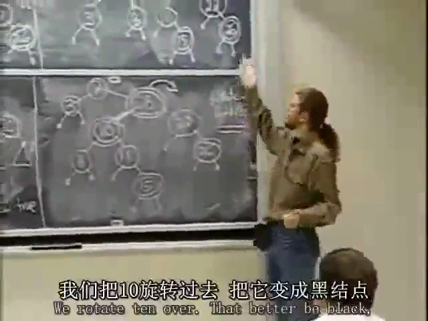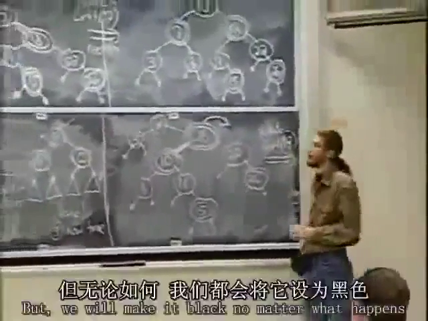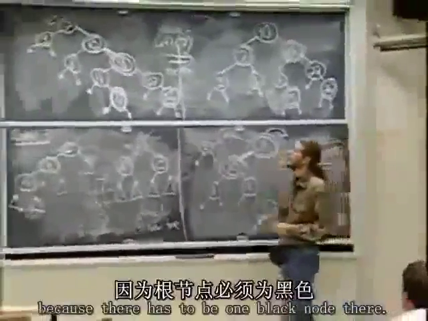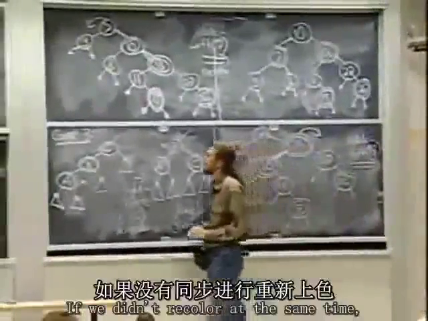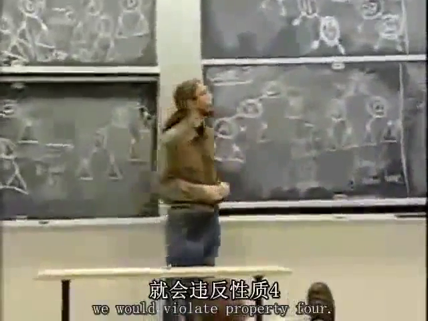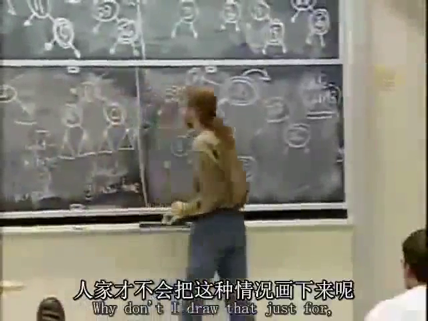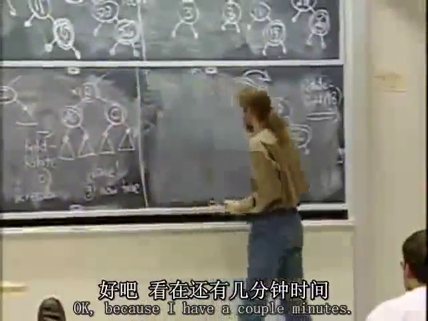We rotate 10 over. That better be black, because in this case it's becoming the root, but we'll make it black no matter what happens, because there has to be one black node there. If we didn't recolor at the same time, we would violate property 4. Why don't I draw that just for kicks, because I have a couple minutes.